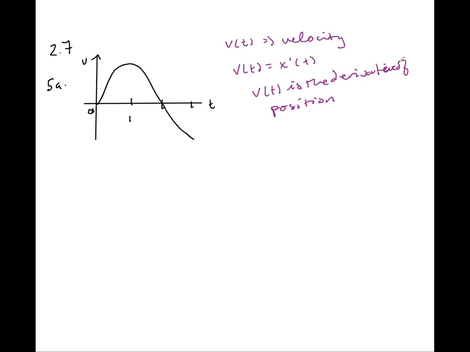So what we need to look at is what exactly they want from this problem. They want to know when something is speeding up versus when it is slowing down.